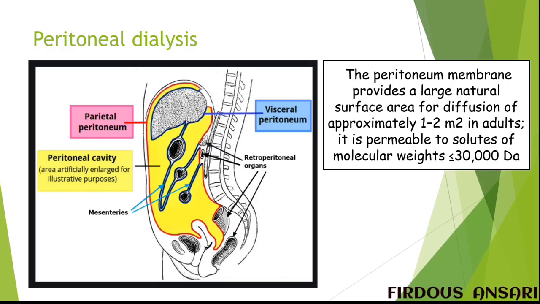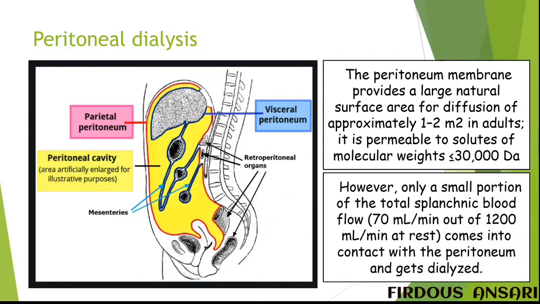It is permeable to solutes of molecular weight less than or equal to 30,000 Dalton. However, only a small portion of the total splanchnic blood flow, that is 70 ml per minute out of 1200 ml per minute at rest, comes into contact with the peritoneum and gets dialyzed.